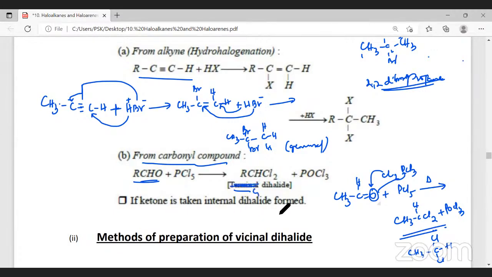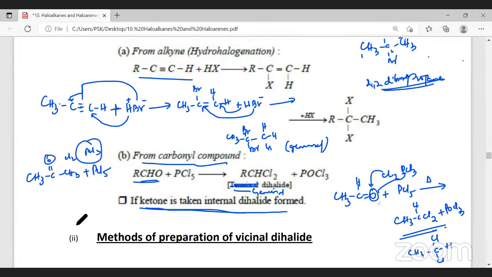If a ketone is taken, internal dihalides are formed. Meaning, if I have a molecule like CH3, C double bond O, CH3, and this is heated with PCl5, I can write it as Cl2 and PCl3. This PCl3 and the oxygen get eliminated as POCl3. And what do you get?